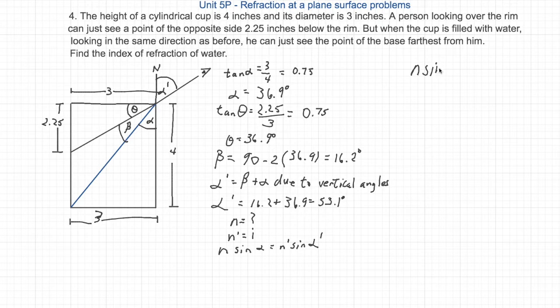So n sine of alpha, which is 36.9, equals n prime, which is 1, times the sine of alpha prime, which is the sine of 53.1.